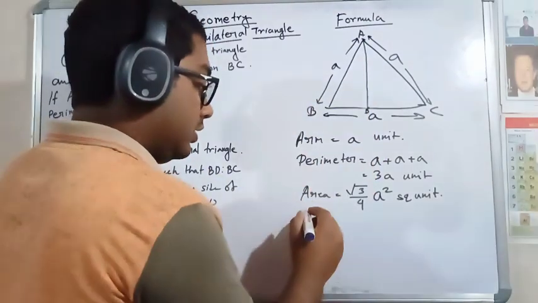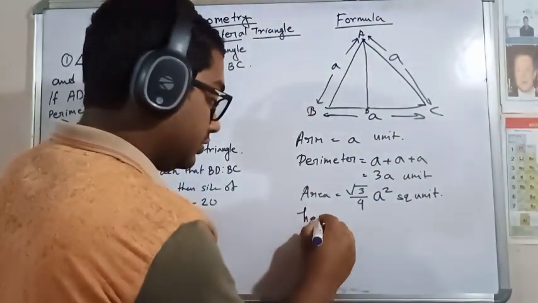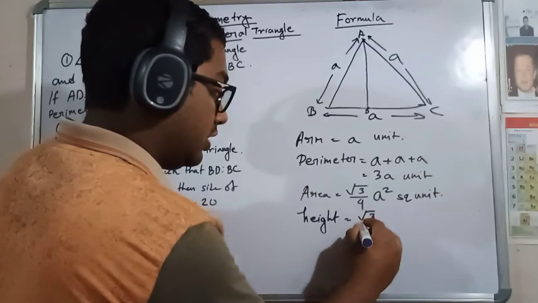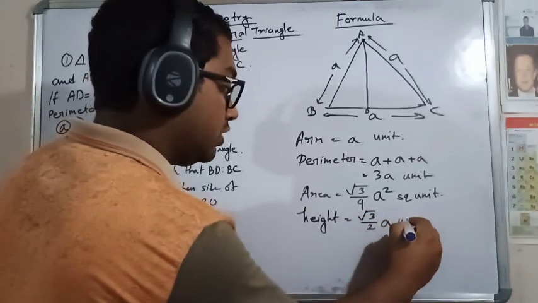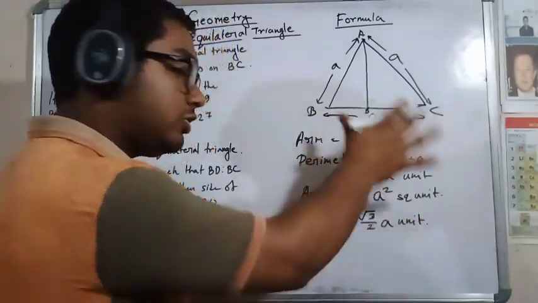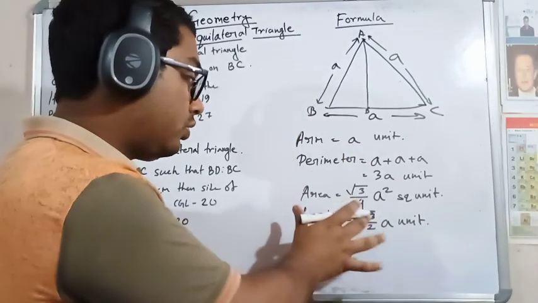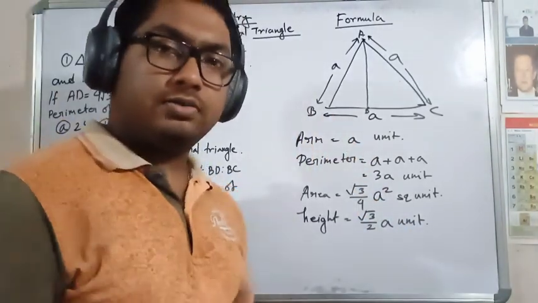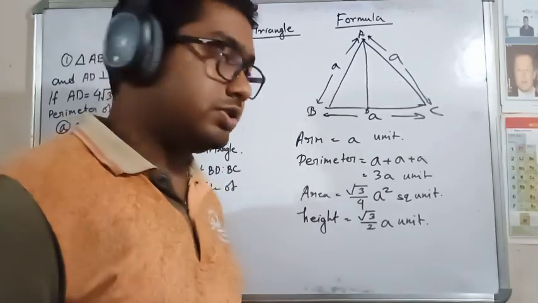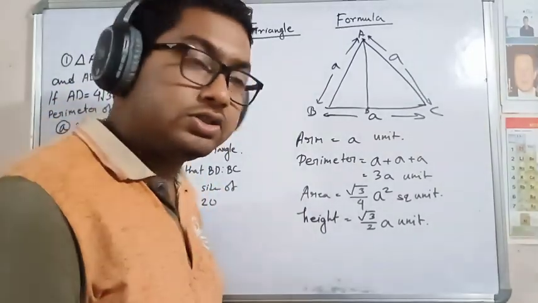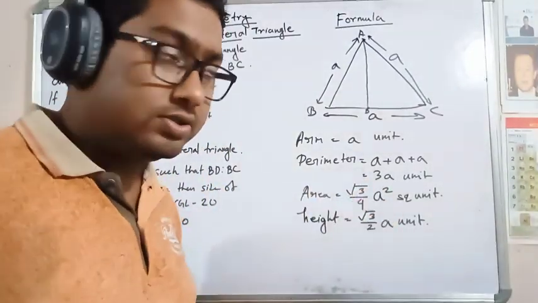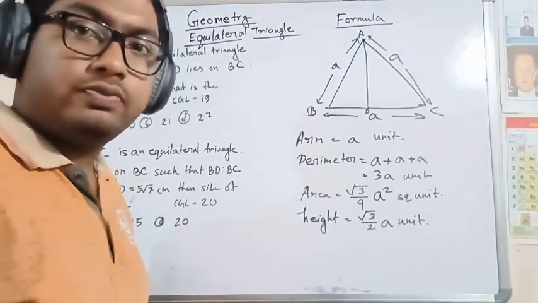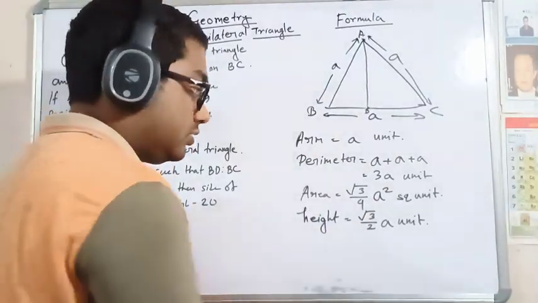So the height of this triangle is root 3 by 2 A units. You must remember these three basic formulas for solving further questions, and those are important to know. And you just take a screenshot of this for future reference.